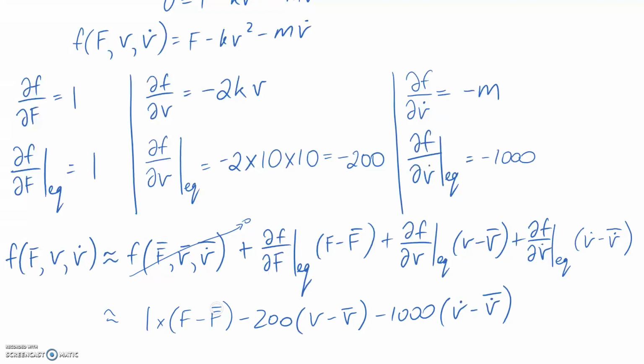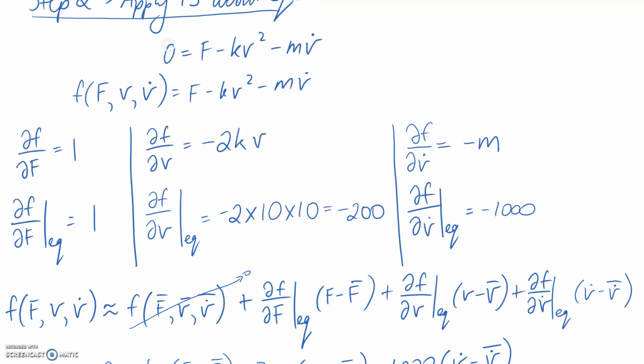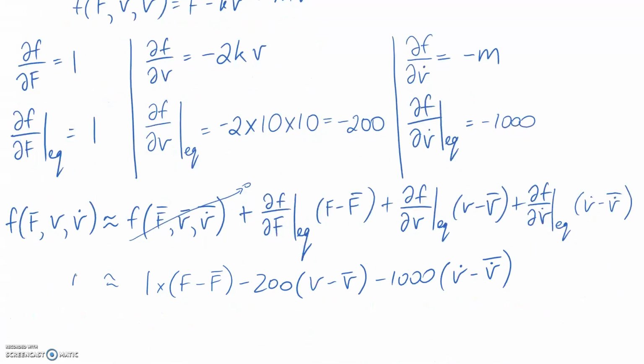Now, if you wanted to, you could substitute in the values here, but I'm just going to leave it and swap them over into the dashes version, which is where we take it as the deviation from equilibrium. Before we get to that though, I almost forgot that this side here is directly just equal to 0 in our case from this part. So I can pop in 0 on the left.